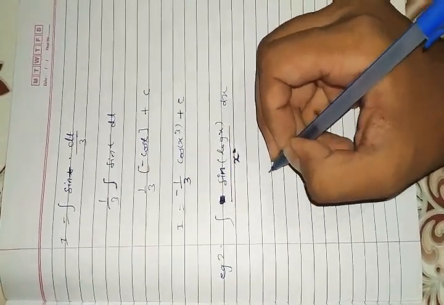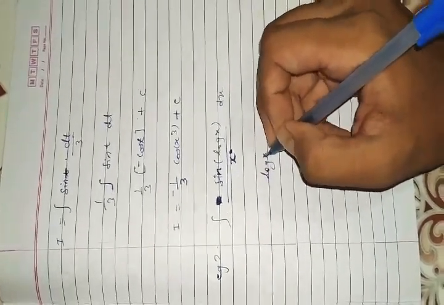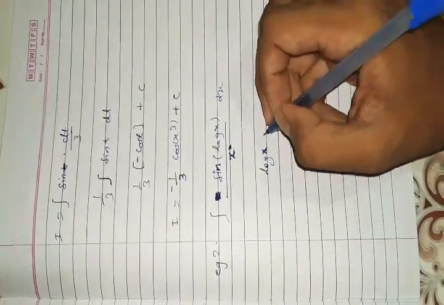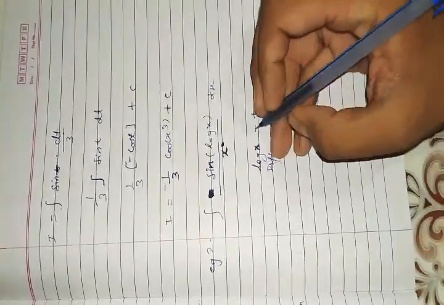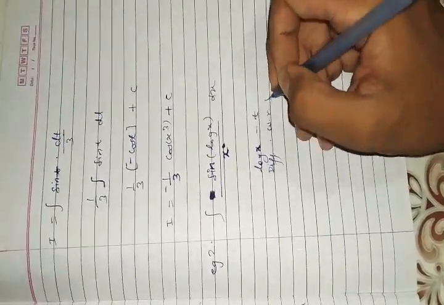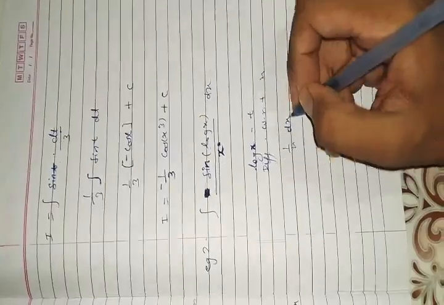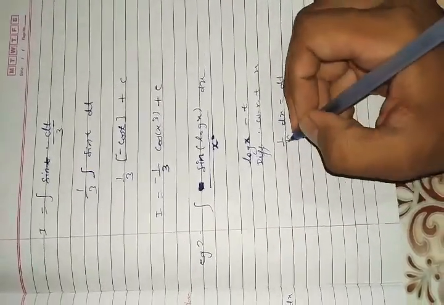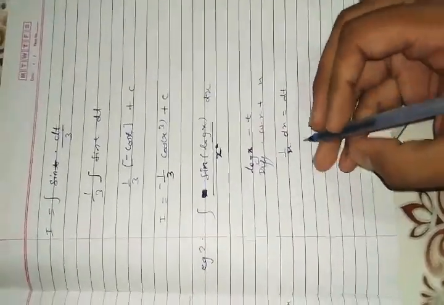I am going to substitute because I can see its derivative is present here. So I will differentiate log x, and dt equals 1 by x into dx. I can see here I have 1 by x into dx.